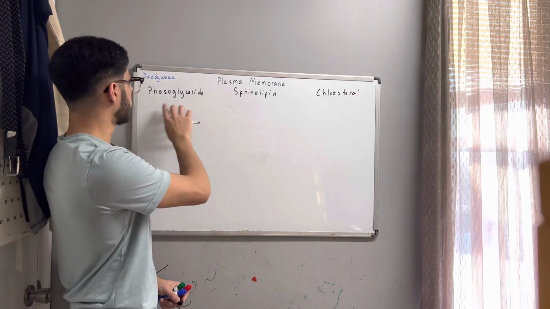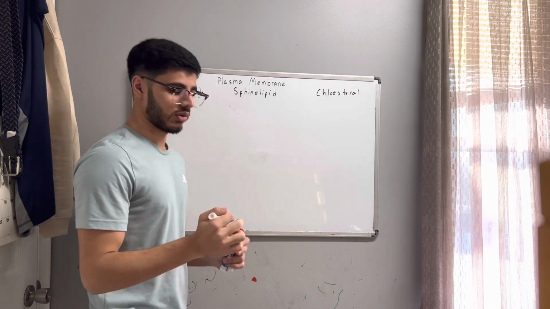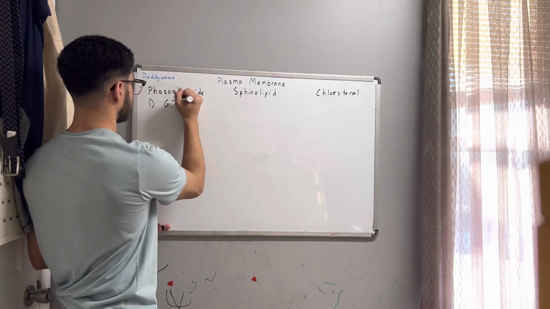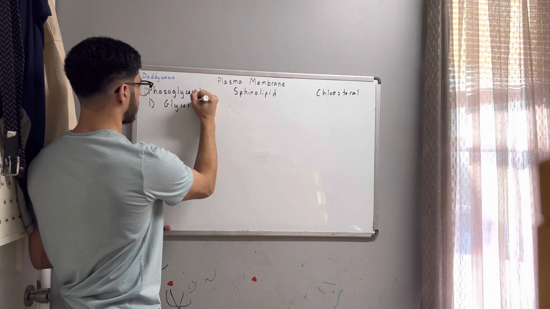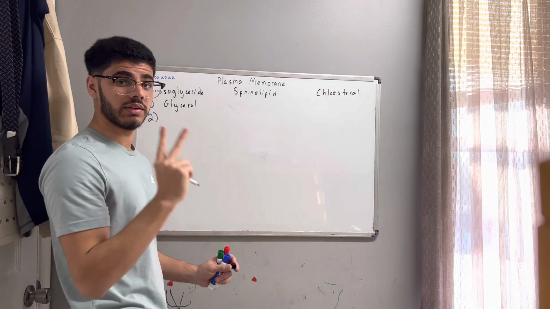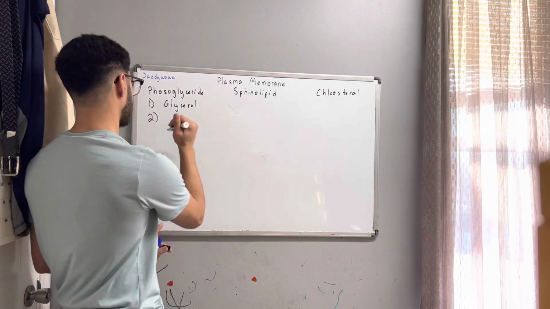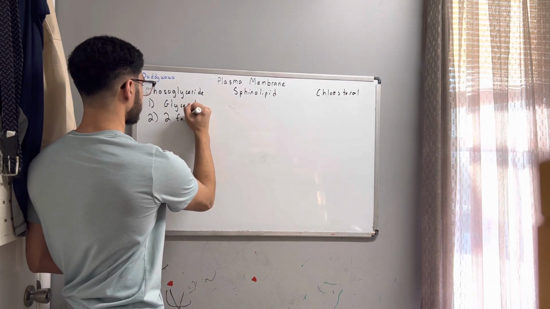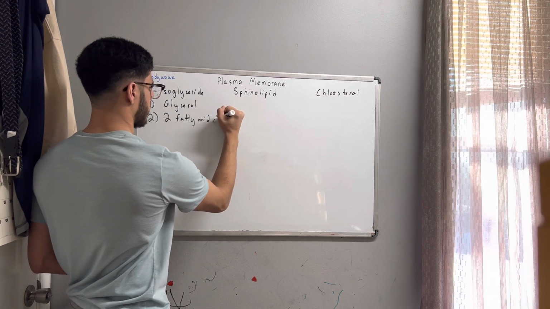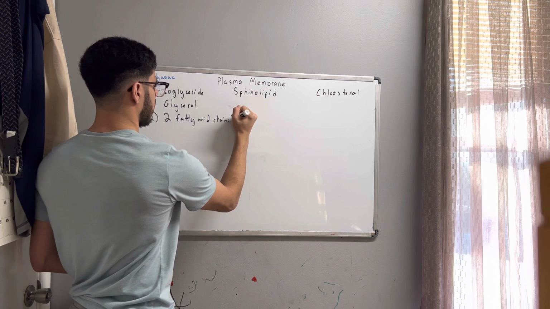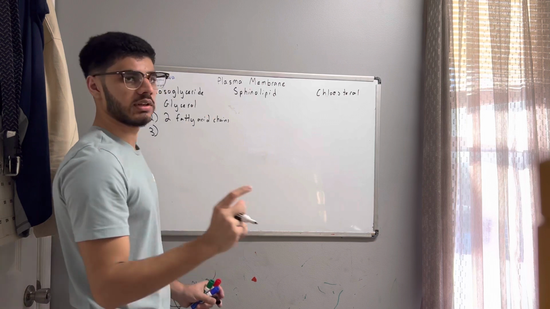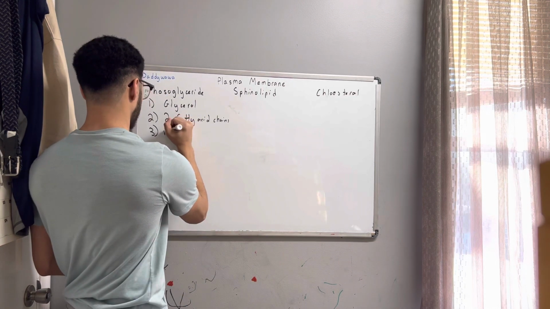Okay, so phosphoglyceride. There are four main components in this that you have to know. The first one is glycerol. The second main component is that there are only two fatty acid chains. This is very important. Two fatty acid chains. The third one is a phosphate group.